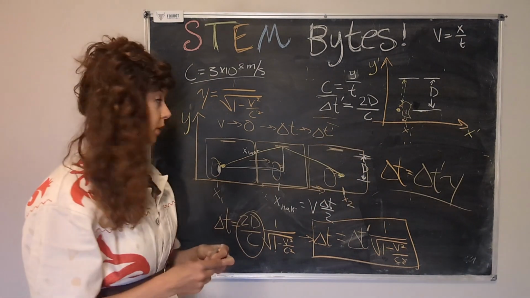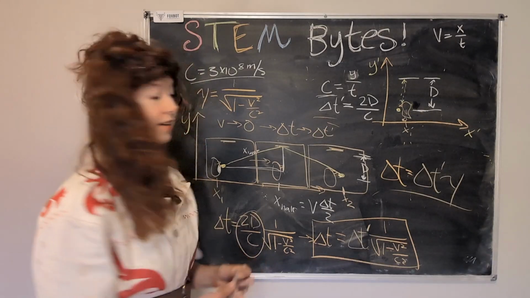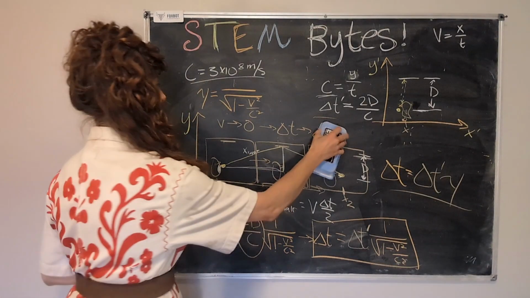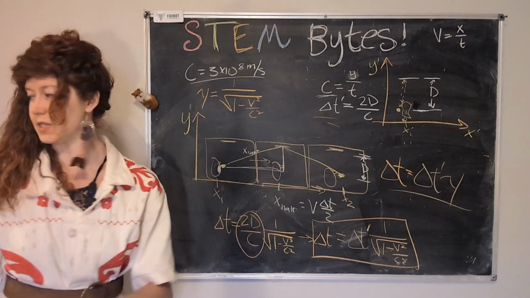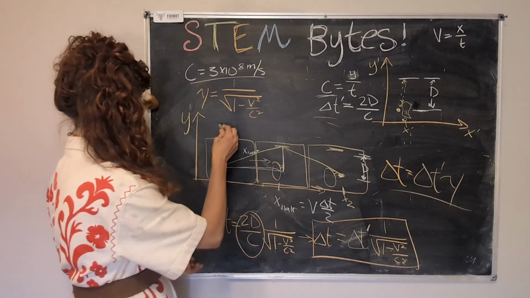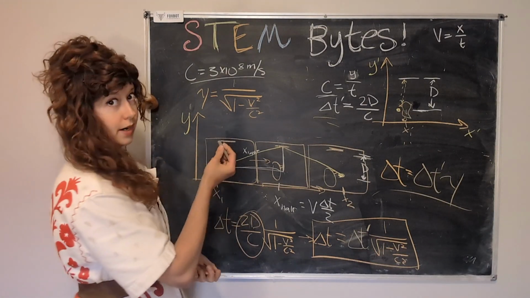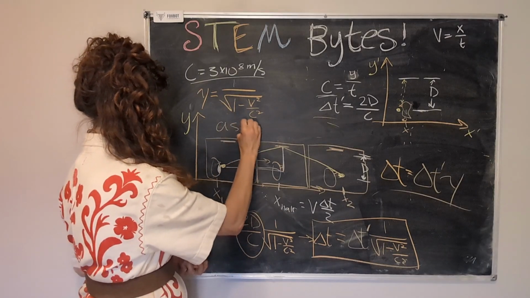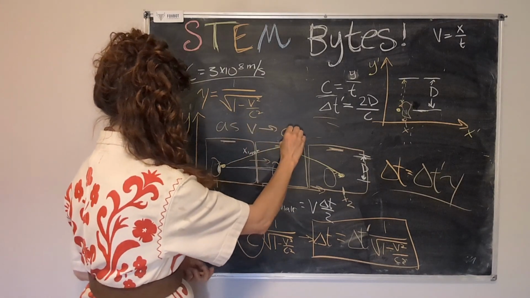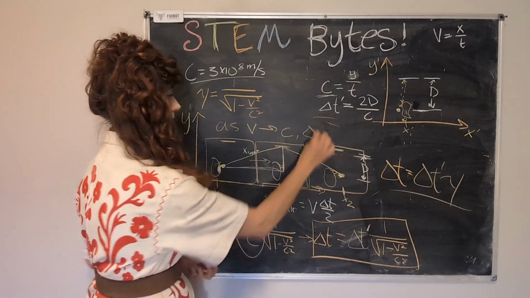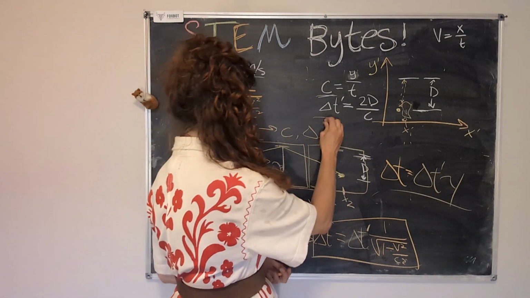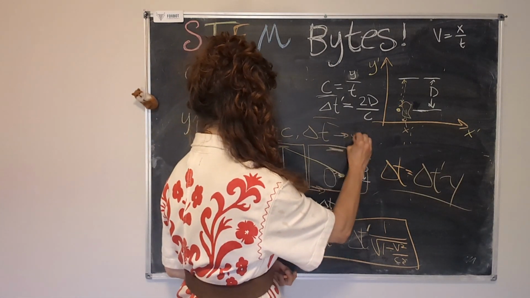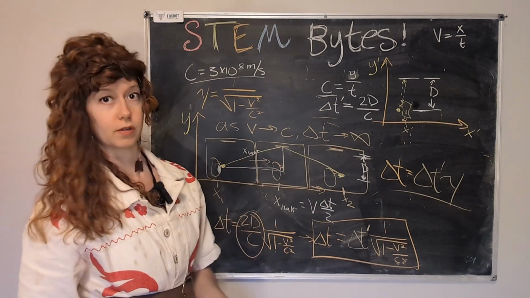But one thing that's really wild is what happens as v increases. As v goes to c, we actually get an infinite time interval. Delta t goes to infinity because dividing by 0 gives you infinity.